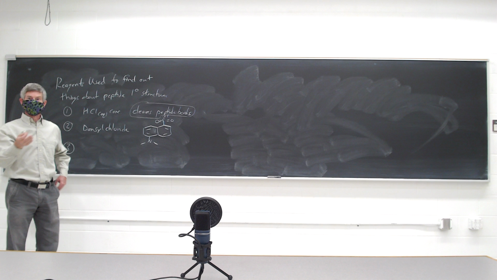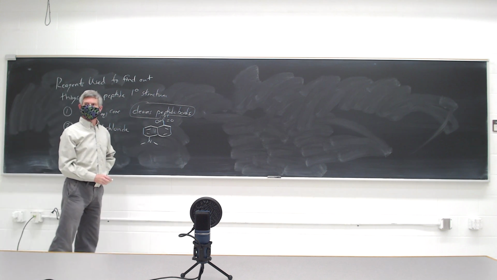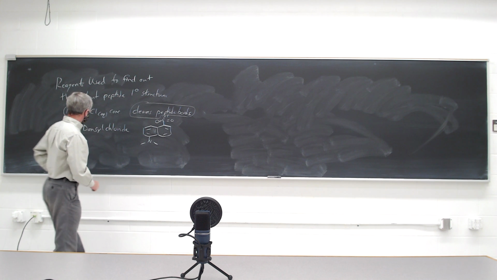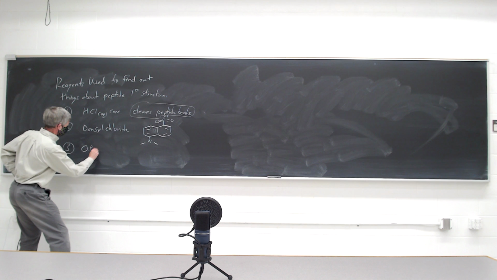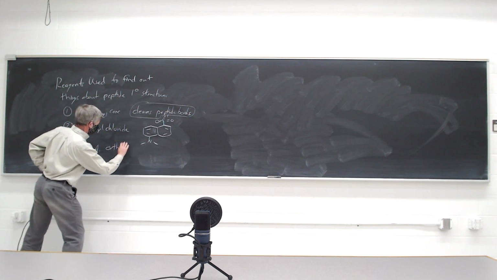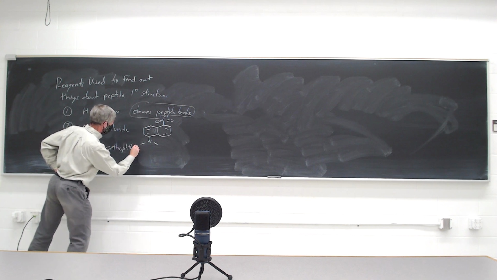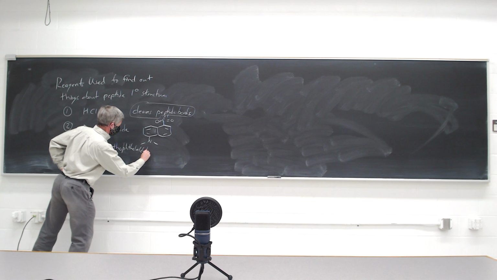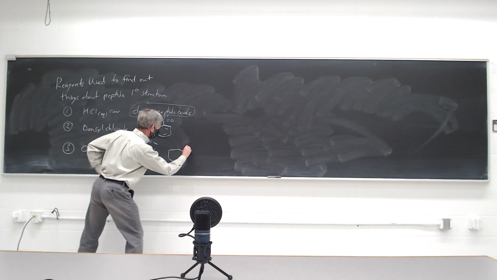What does Dansyl chloride do? It's actually the same thing that the next one does. It's OPA, ortho-phthalaldehyde, a benzene ring with two aldehyde groups adjacent.